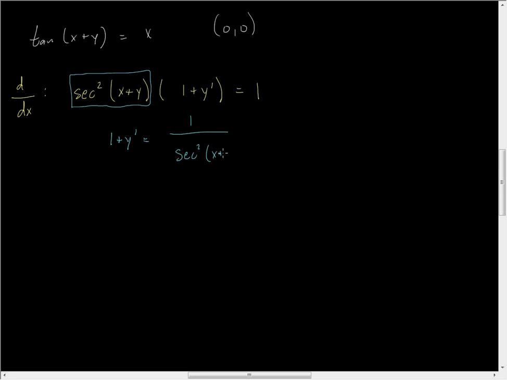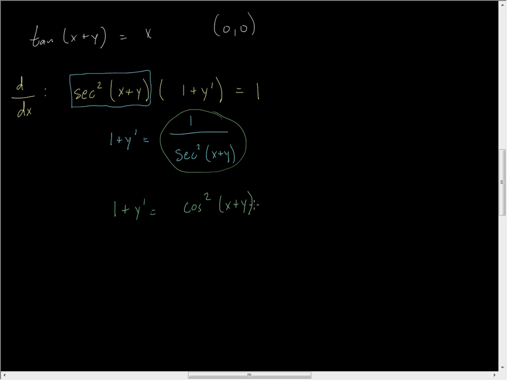Now before we go on, let's change the 1 over secant squared, because secant is 1 over cosine. And so if we take the reciprocal of it again, we go to cosine. 1 plus y prime is equal to cosine squared of x plus y.